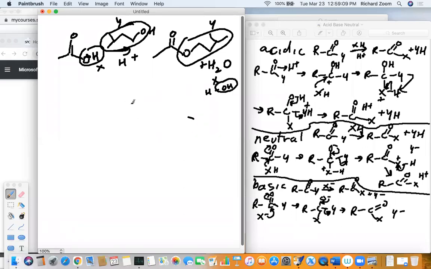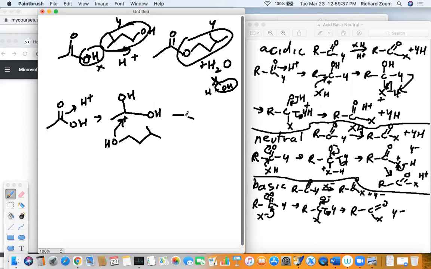All right, so going through the mechanism, we have the nucleophile here attack that C+.